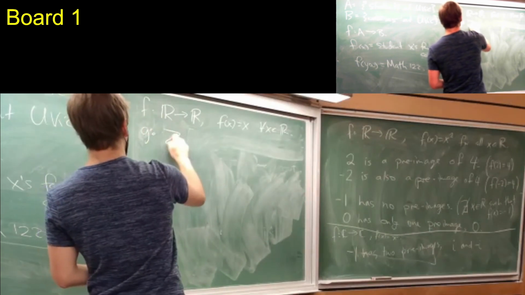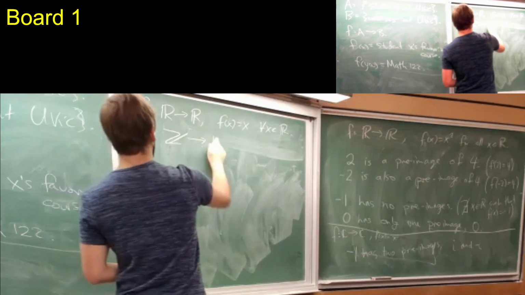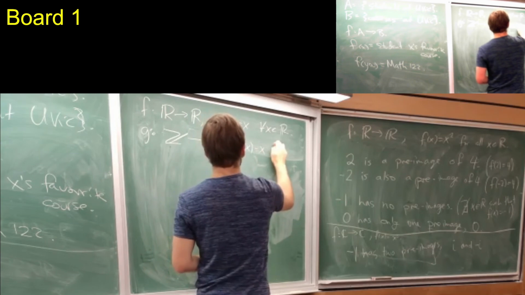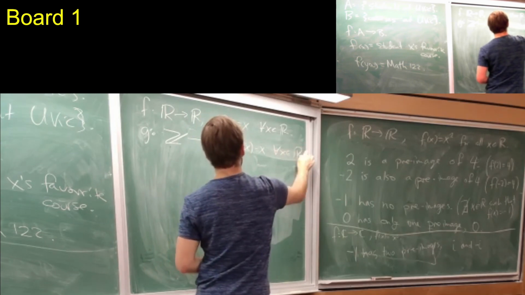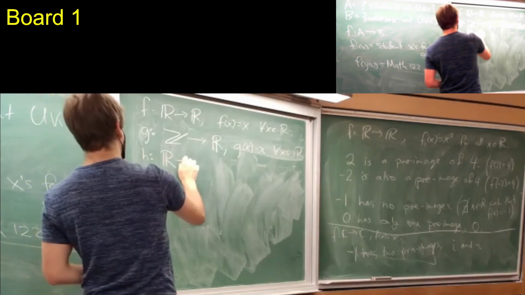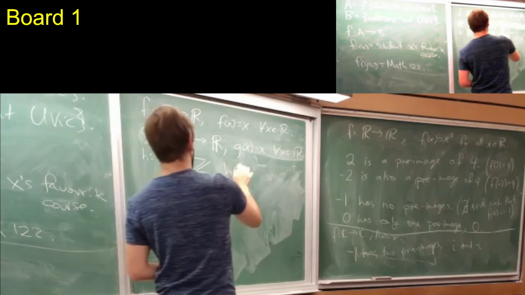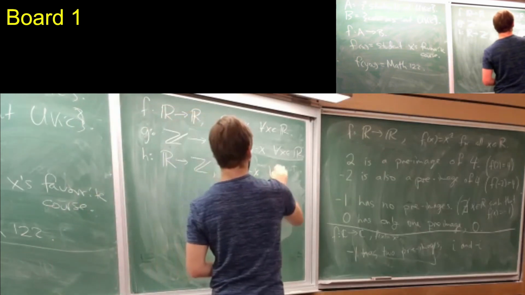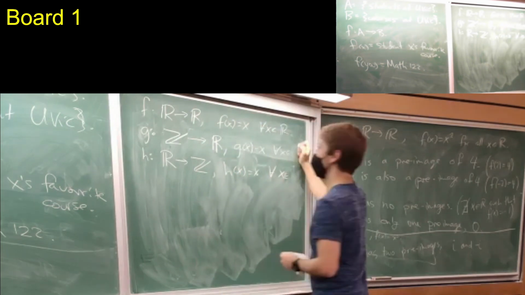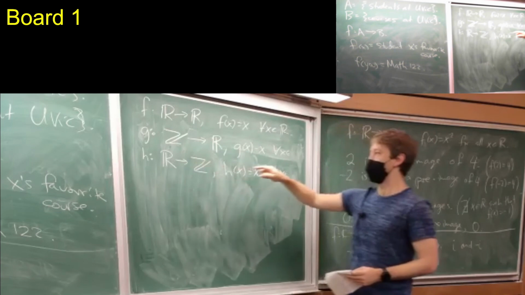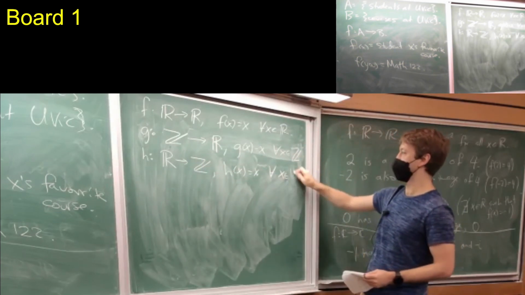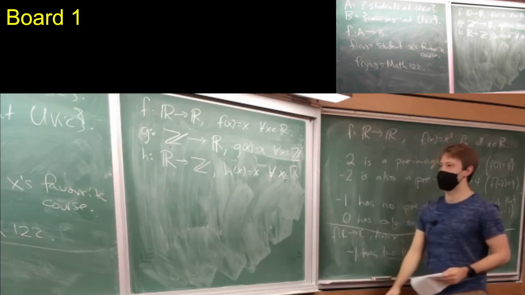Suppose I take g from the integers to the reals, but it looks like the same function. g of x is x for all x in the integers. And now I take h from the reals to Z, h of x equals x for all x in the reals. Sorry, I'm messing these up. We should always be talking about x being in the domain.